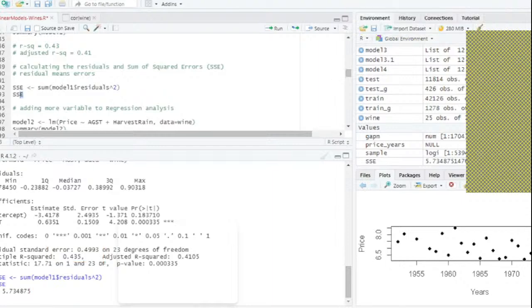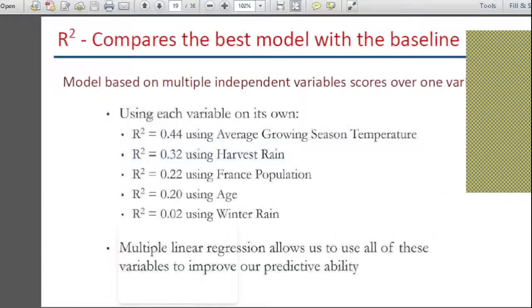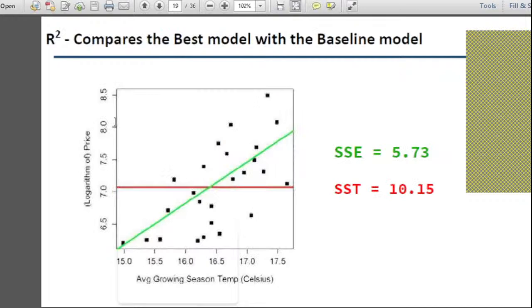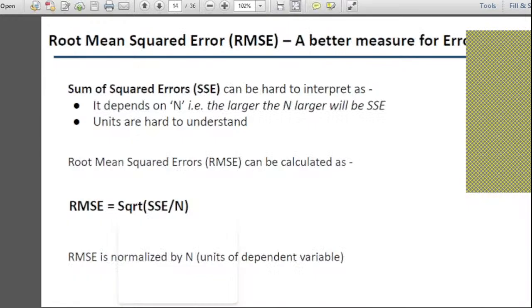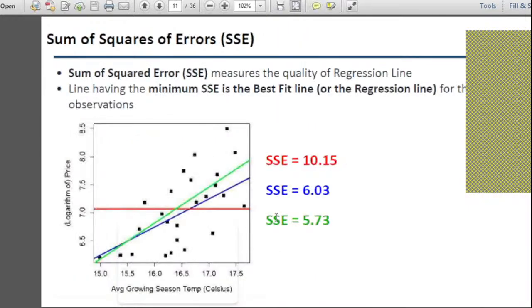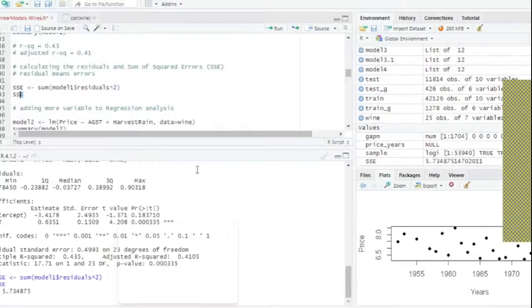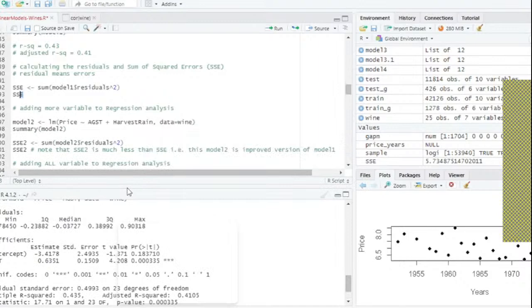Let me quickly show it to you. 0.44 and 5.73 with a single variable. That is the best SSE I can get. Just recalling. Got it, all of you?